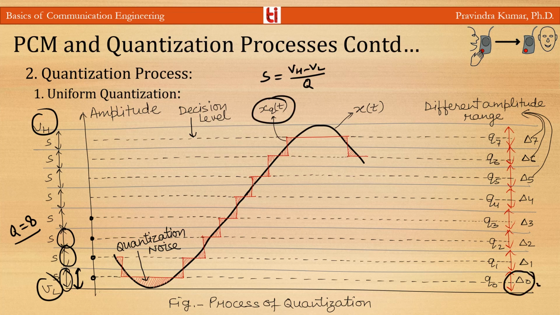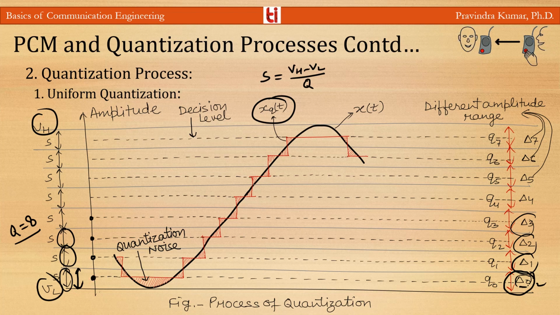xq(t) represents the quantized version of x(t). We obtain xq(t) at the output of the quantizer when x(t) is in the range of delta 0. So here we have marked all the step sizes as delta 0, delta 1, delta 2, delta 3, and if your signal x(t) is in the range of delta 0, then we will give a pre-decided voltage q0 to this signal.